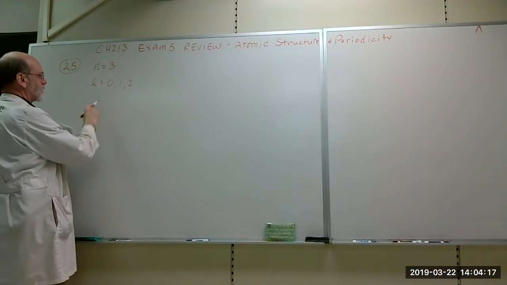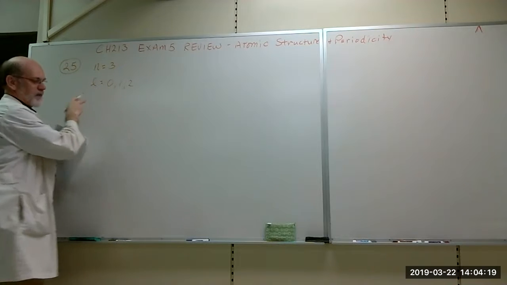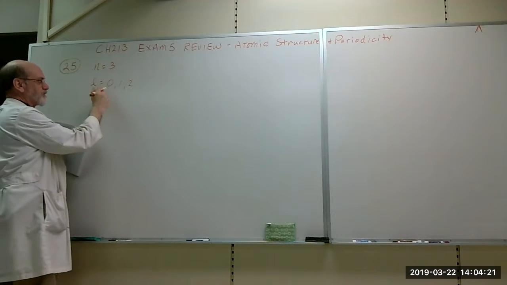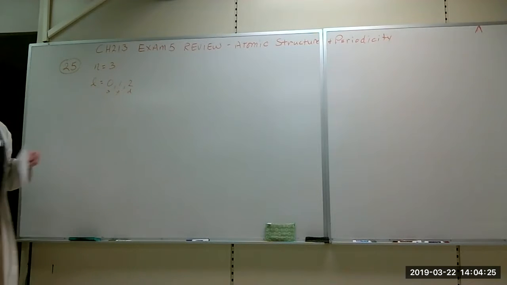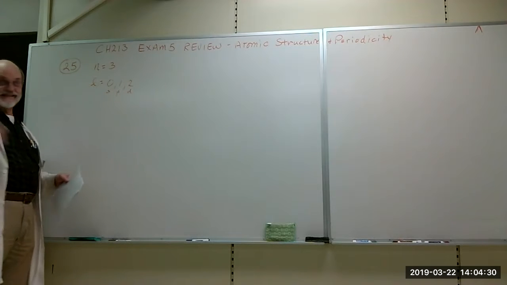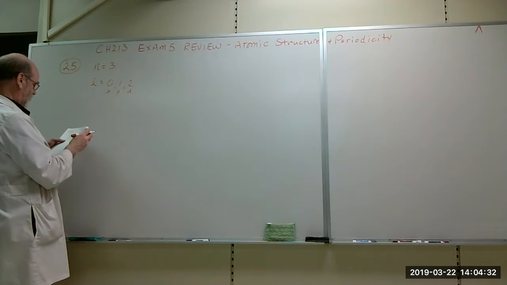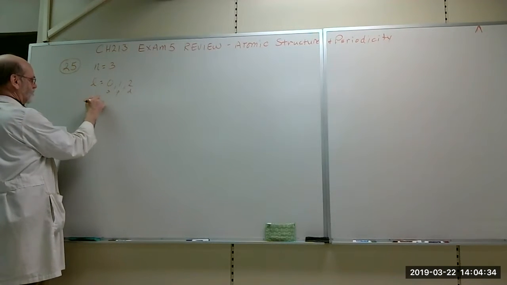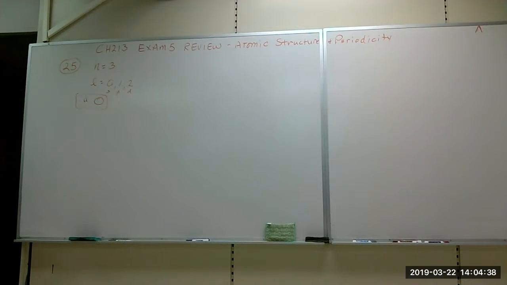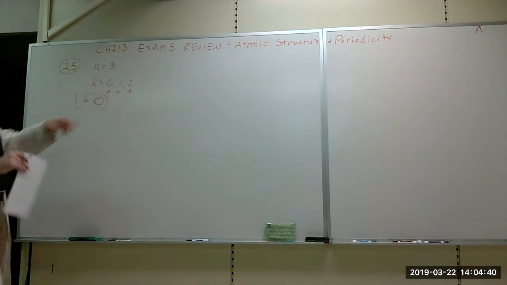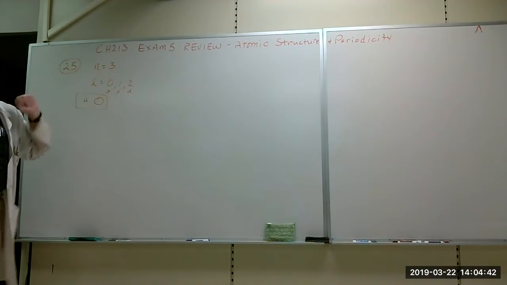By convention, this one is s, this one's p, this one's d. So how many f orbitals can we have? 0. You don't have any f orbitals in n equals 3.